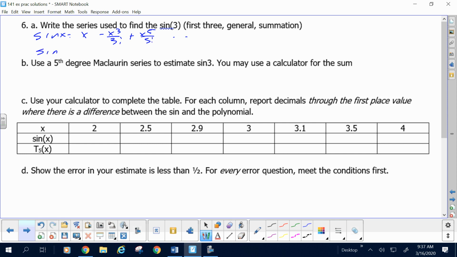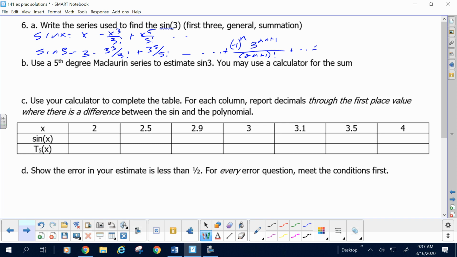So sine of 3 is 3 minus 3 cubed over 3 factorial plus 3 to the 5th over 5 factorial. And generally you would say it is 3 to the 2n plus 1 over 2n plus 1 factorial, which implies n starts at 0. So this is negative 1 to the n to start positive.